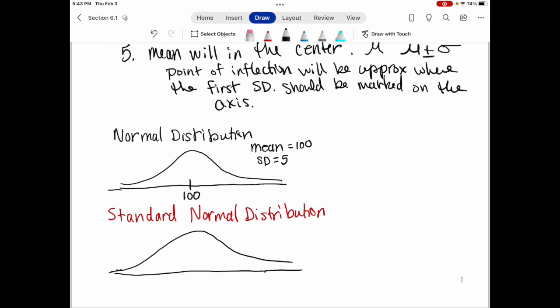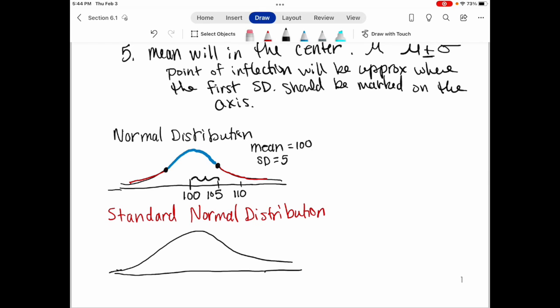So that means, looking at my graph here, it looks like this is the part that's concave down, and it looks like this is the part that's concave up. So I'm going to estimate that about right here is where my first standard deviation will come out. So this will be 105, because when I add it from here to here, I keep adding 5 because my standard deviation is 5. So then I have 110 here.